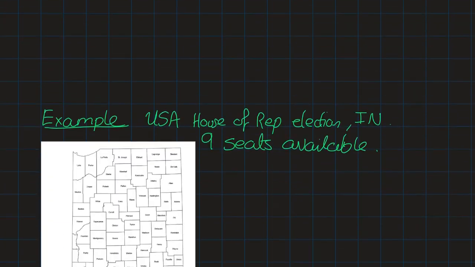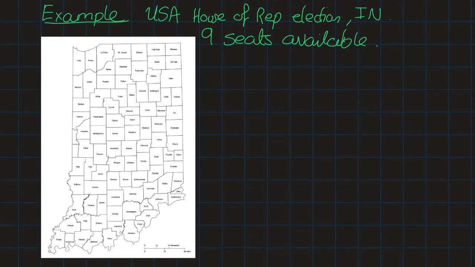So let's look at an example. For example, in Indiana, there are 9 seats available to the House of Representatives. Okay, so this means that you have this map of Indiana, people vote in Indiana, and somehow you need to decide which 9 people won the 9 seats.